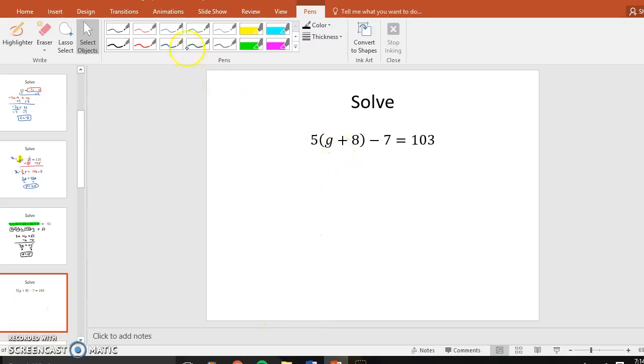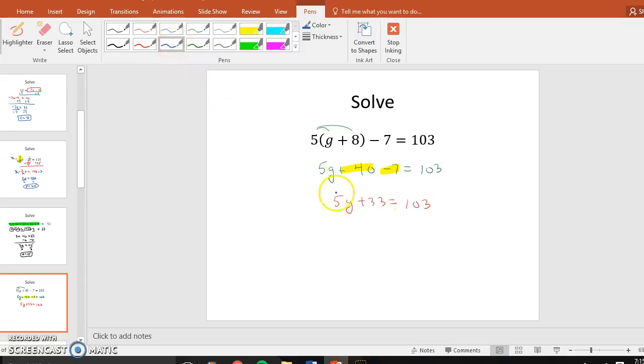The next one, on the left side, you'll notice I have parentheses. First thing I have to do is distribute here. 5g plus 40 minus 7 equals 103. But before I move on, since these are on the same side, I'm going to go ahead and combine them. So it gives you 5g plus 33 equals 103.